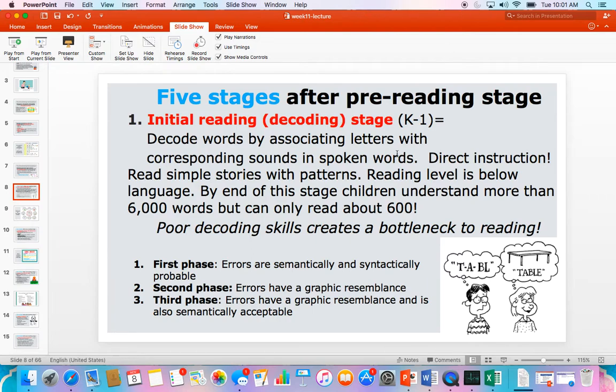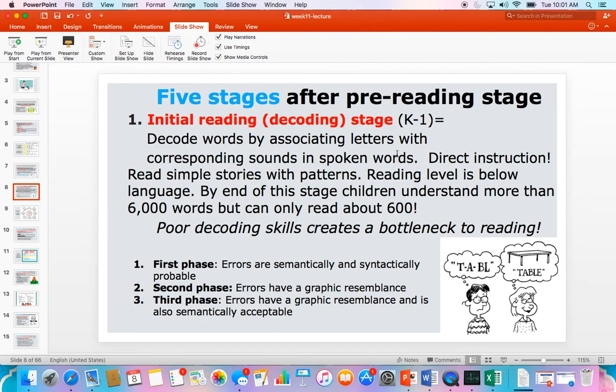Poor decoding skills create a bottleneck to reading, which means if you can't decode, you're going to have a very difficult time reading. In the first phase, errors are semantically and syntactically probable, meaning that they're more vocabulary errors or grammar errors. Second phase, errors have a graphic resemblance, so maybe they're making a mistake with things that look similar. They're just taking a guess because a certain word looks like another word.